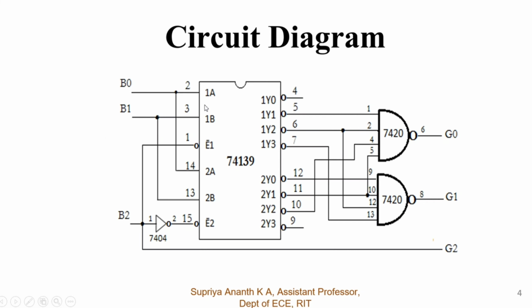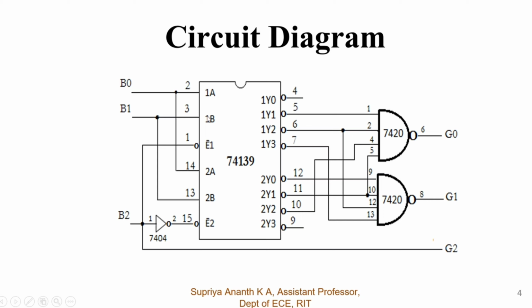Here, this represents the circuit diagram. We are making use of the NOT gate, NAND gate, as well as the 74139 IC in order to realize this. We are taking the binary bits B0, B1 and B2, and the gray bits output as G0, G1 and G2. G represents the gray code, B represents the binary code. Make the circuit connection as per the circuit diagram.